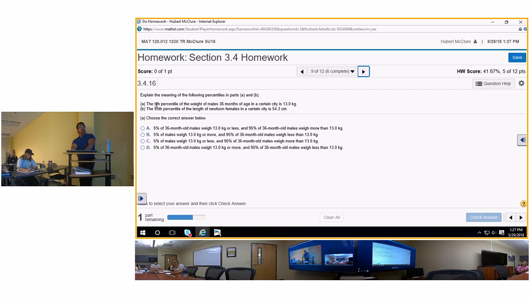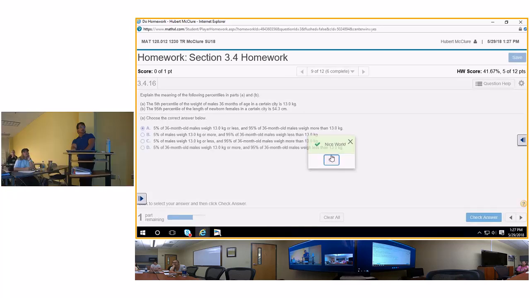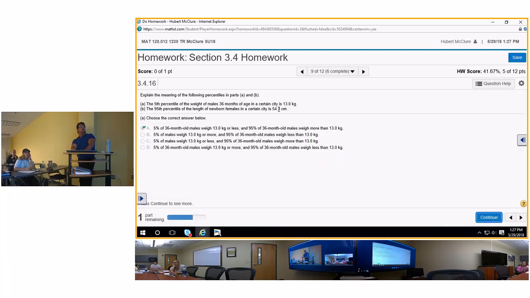Well, the 5th percentile means that 36 months males is going to be less than what? 13. So which one is that one? This one right here. Thanks. And this one, 95% is going to weigh less than 54.